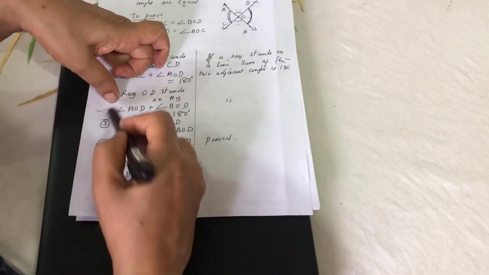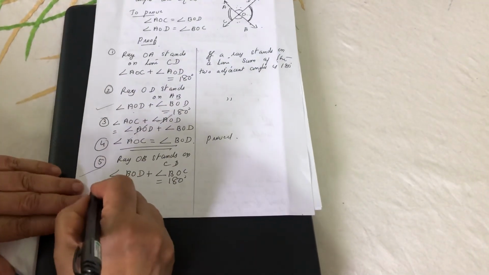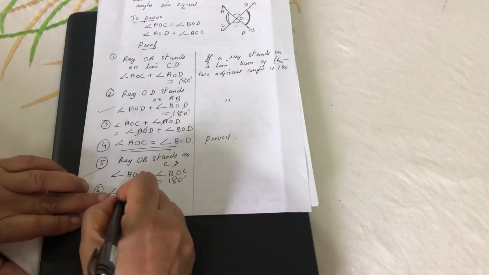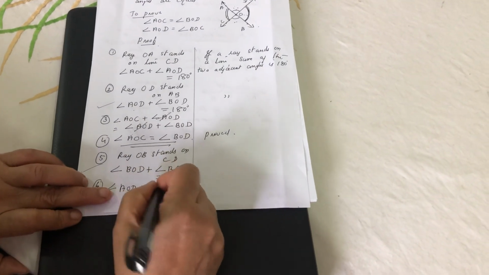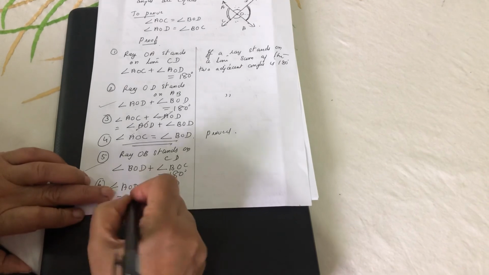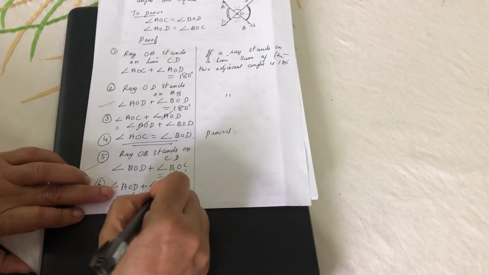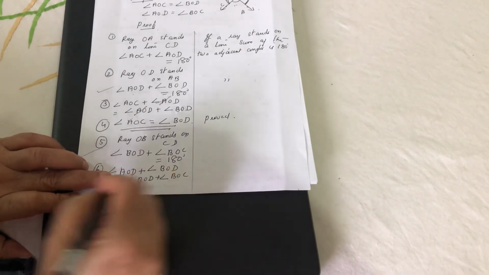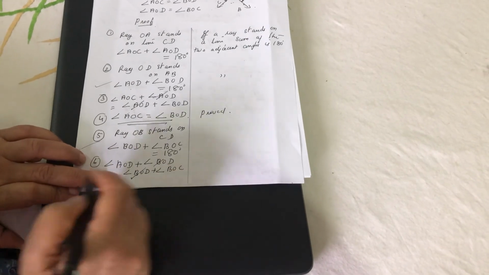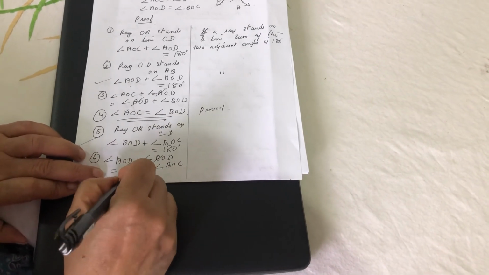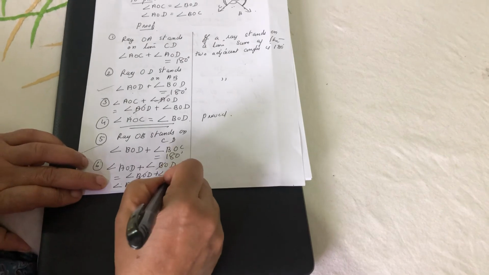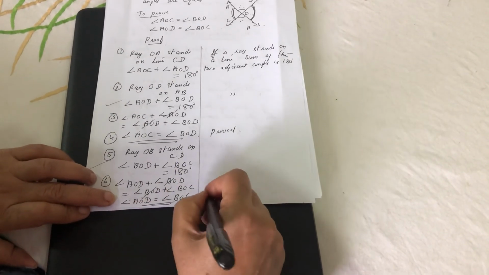This one and this one, you can equate. Angle AOD plus angle BOD equal to angle BOD plus angle BOC. Here also on both sides BOD you can cancel. So you are getting angle AOD equal to angle BOC. So this is also proved.